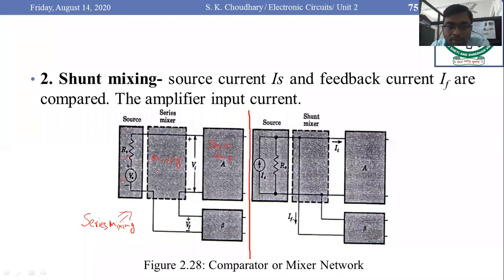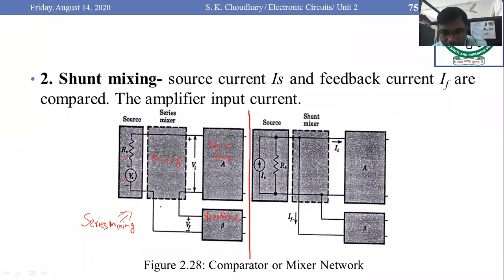So in the input network of the series mixing, you can see the input voltage source is in series with the feedback network. This is your feedback network, this block. The output of the feedback network is Vf, the feedback voltage, and the input or signal voltage is Vs, and they are mixed in a series pattern.